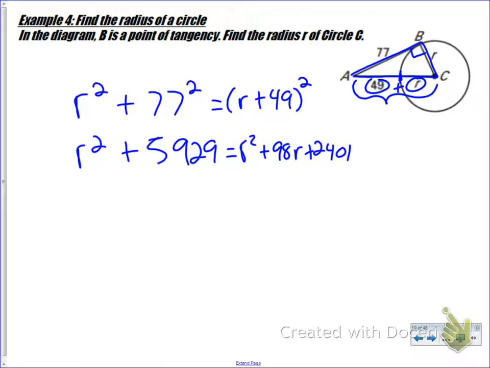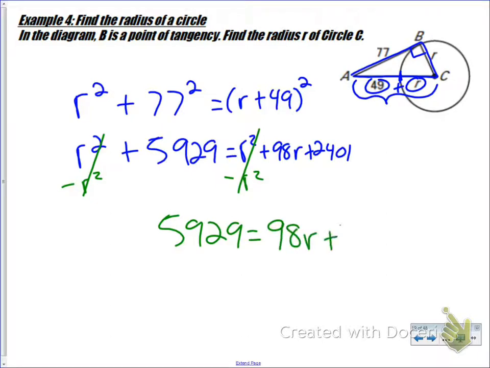Now at this point we want to get r by itself. We have r squared on both sides, so I'm going to subtract r squared from the left and subtract r squared from the right as well, and these are going to cancel out. I'm going to be left with 5,929 is equal to 98r plus 2,401. The numbers are a little big, but it's just a two-step equation that we are perfectly capable of solving.